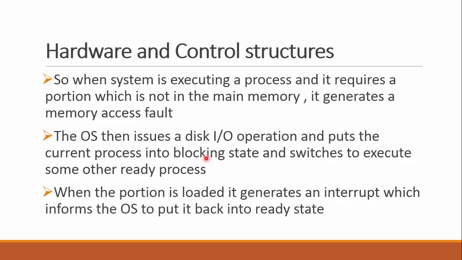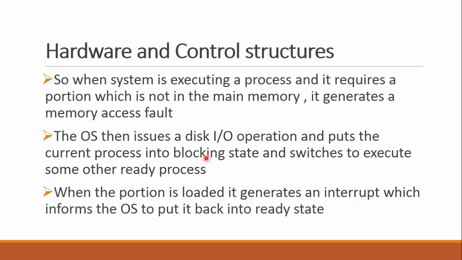When the process is executing and there is some portion which is required and it is not in the main memory, the memory can't be accessed and there is an access fault.